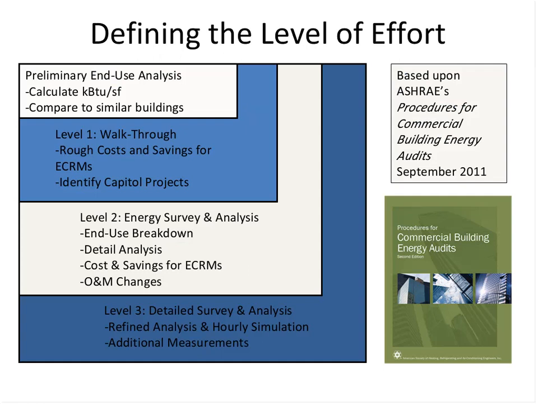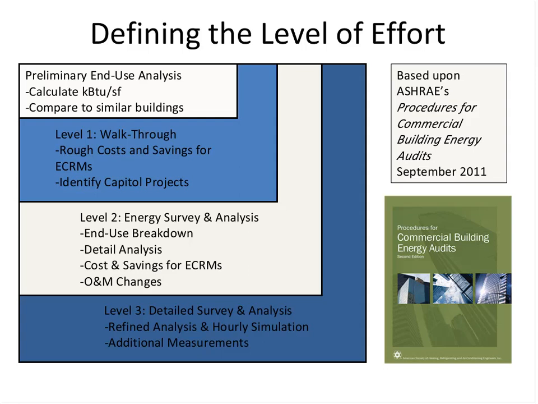Level 1 is a walkthrough, looking at where the energy is going, looking at the devices and energy uses in the building, and identifying some projects. Level 2 is a more in-depth survey and analysis. It tries to break down where the energy is going in a building. There's a detailed analysis of the energy-saving opportunities in the building, developing the costs and the savings for those ECRMs. You may also be looking at some operation and maintenance changes in the building that could save some energy.